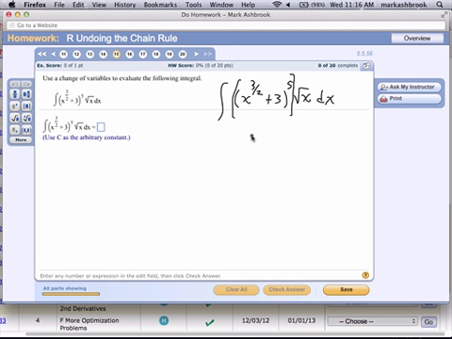Are you asking what fraction? No, you need 2 of it, because that's going to bring down, it's going to bring down.